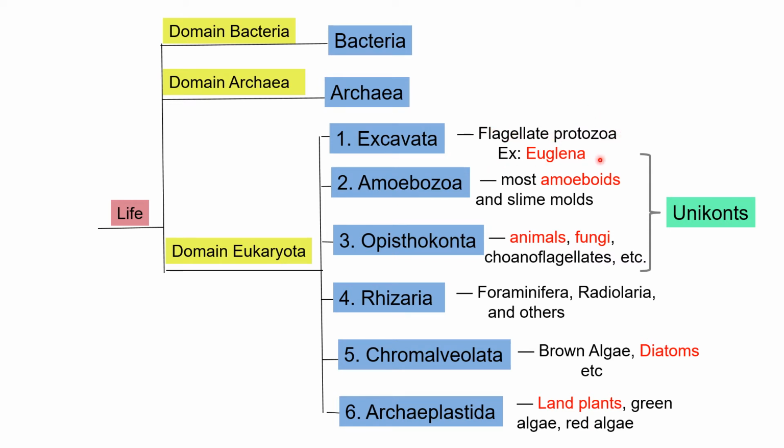An example would be Euglena. Amoebozoa include mostly amoebas and slime molds. Opisthokonta over here includes animals, fungi, and this organism that's also a protist.